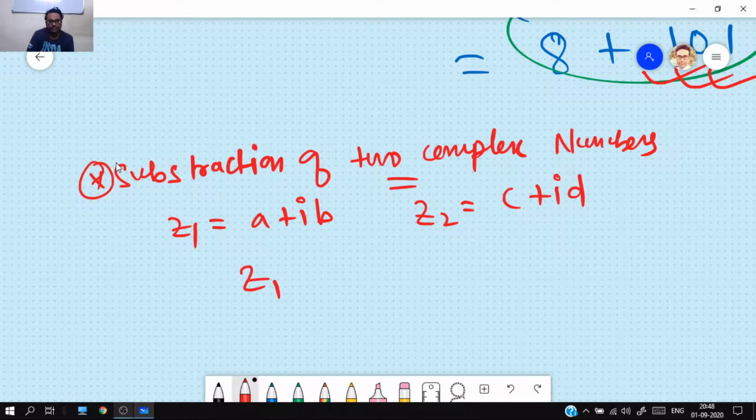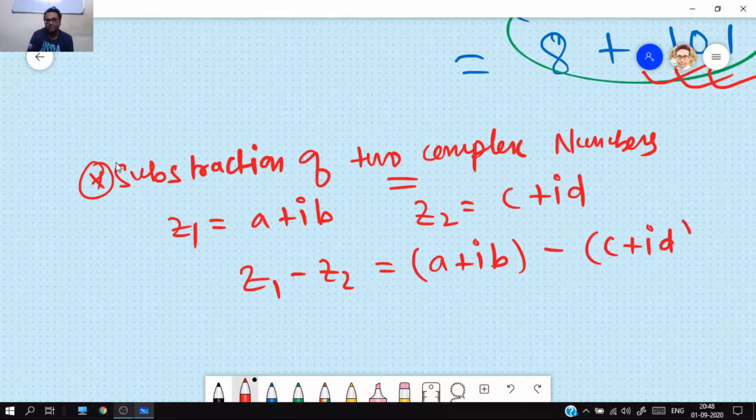What will be the value of z1 minus z2? Writing z1 first, a plus ib, let us take a bracket, minus c plus id. You can write like this. Breaking the brackets, what we get? a plus ib minus c minus id.